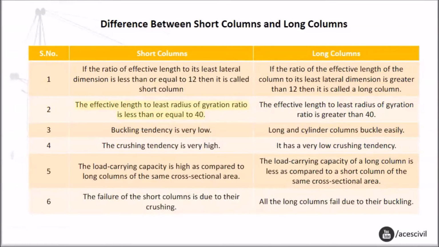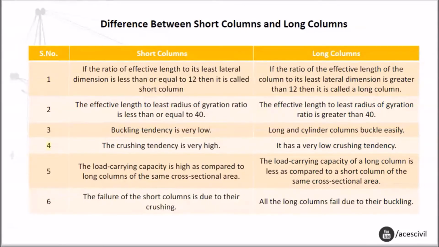The effective length to least radius of gyration ratio is less than or equal to 40. The effective length to least radius of gyration ratio is greater than 40. 3. Buckling tendency is very low. Long and slender columns buckle easily.